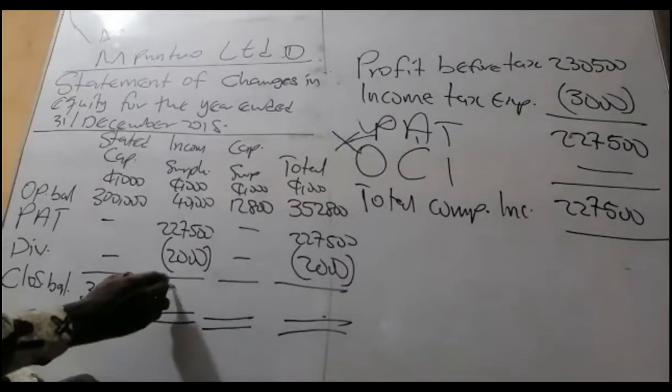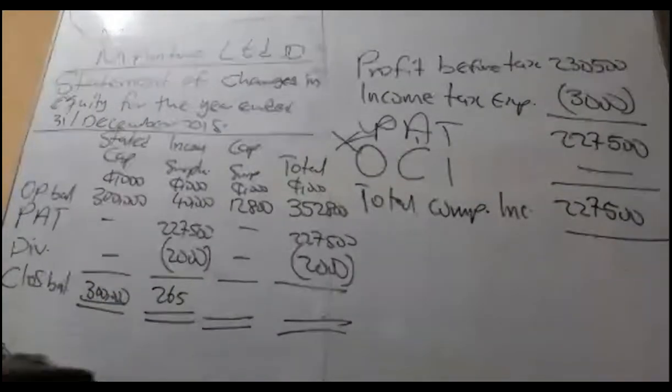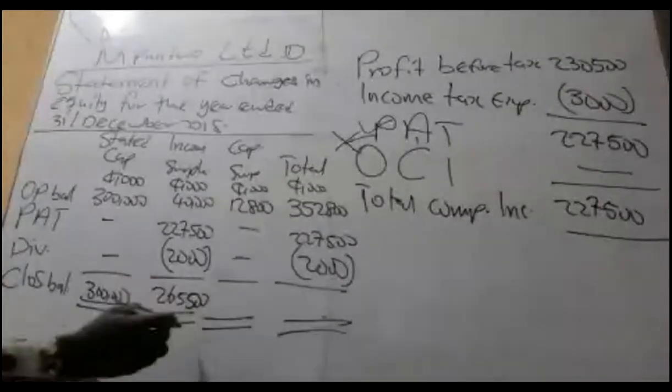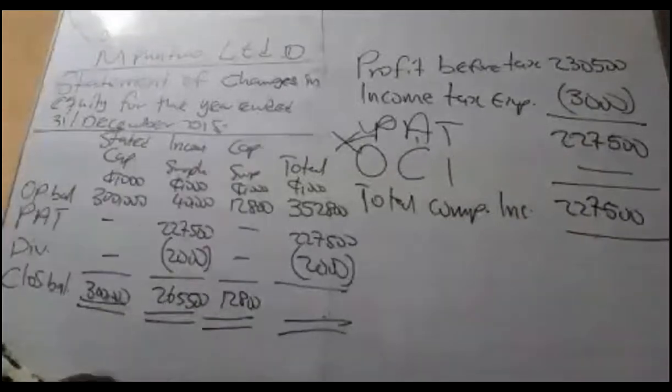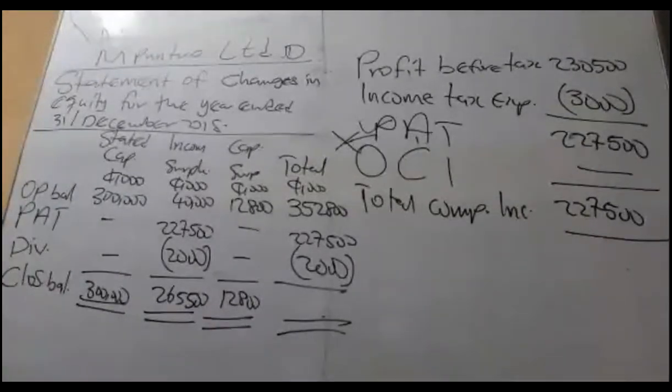You add all, you get 265,500. You add all, you get 12,800. In fact, you add all unless you use a calculator.